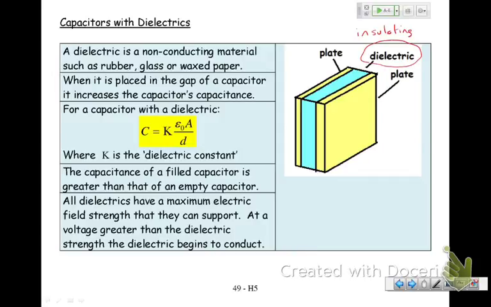We can think of examples such as a vacuum, which can be regarded as being insulating. Air is pretty insulating. Paper is a good example. Then Mylar, M-Y-L-A-R, I think, and other polymers. Sometimes you'll get paper impregnated with oil.